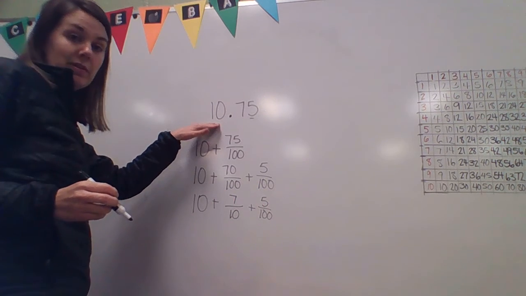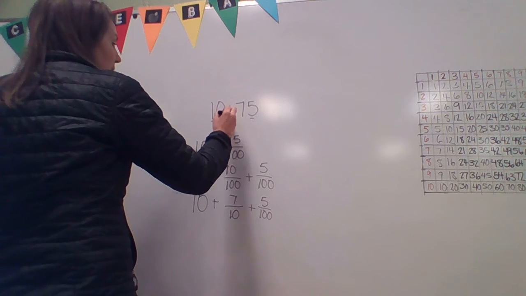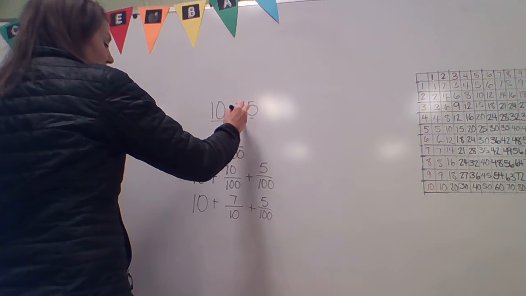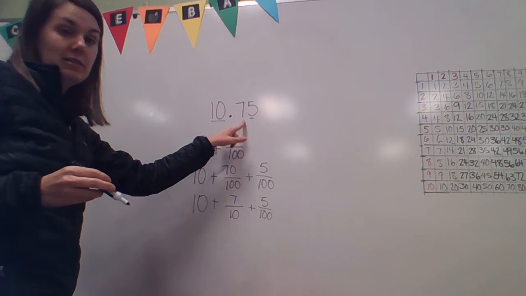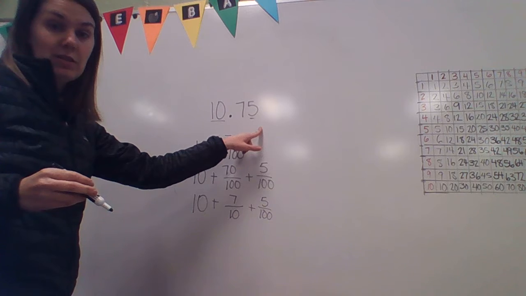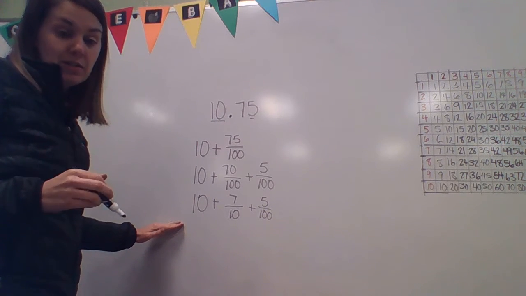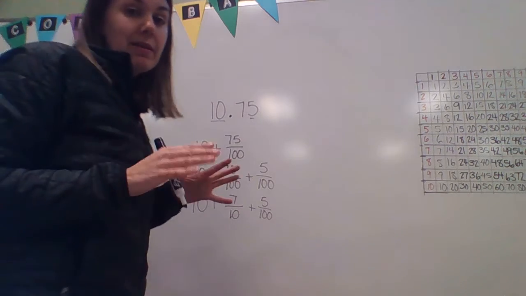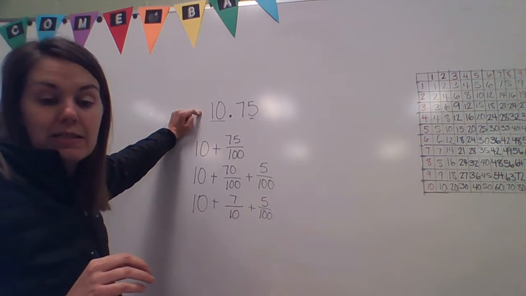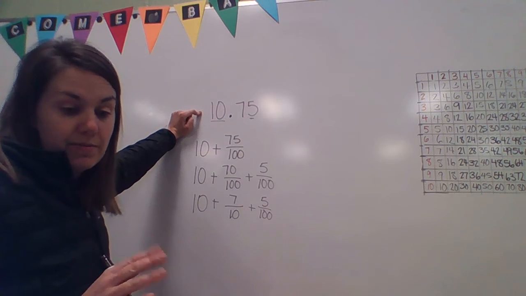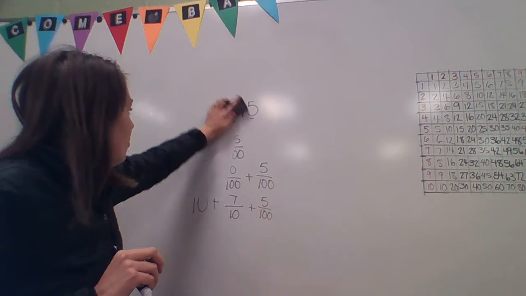Now if we look up here and we think about our place value chart, we have 10 and 7/10 and 5 hundredths, right? Because our 7 is in the tenths spot and our 5 is in the hundredths spot. We've just shown it, breaking it down into fractions. So that can be one way that you're showing your work for how you got the decimal form of 10 and 75 hundredths.